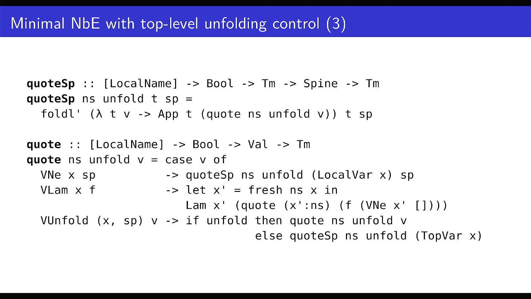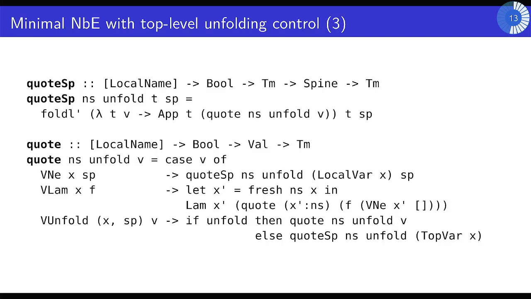Oh, okay, there's an extra v. That's what's different. Okay, got it. There's a v here. So this v is essentially the result of performing a top-level unfolding, and this is the result of not performing a top-level unfolding. If unfolding, I'm recursively quoting this result. Otherwise, I'm just creating the term and returning that.